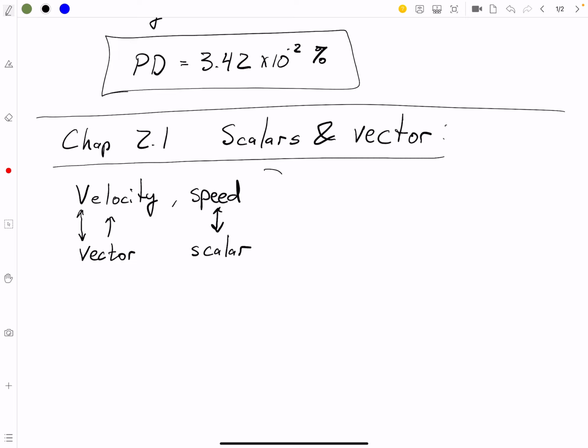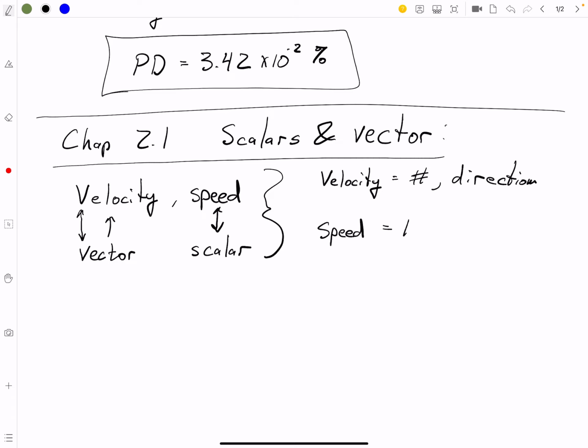All right, so far so good. Now, what does that mean for us? That means velocity has not just the quantitative number for the speed, but it also has the direction. So you're doing 75 miles an hour.